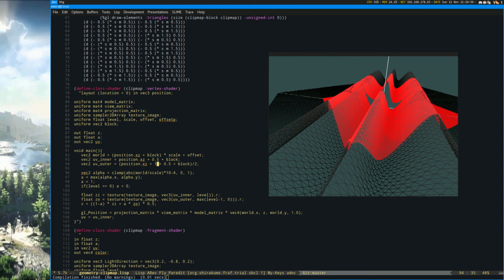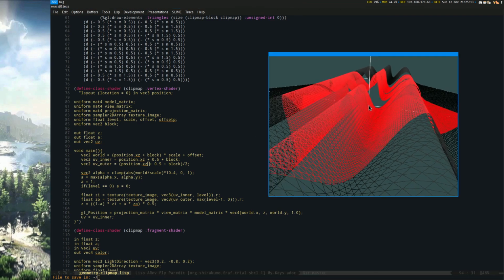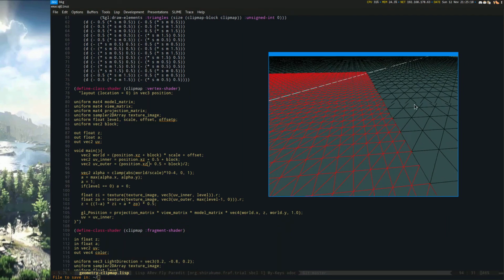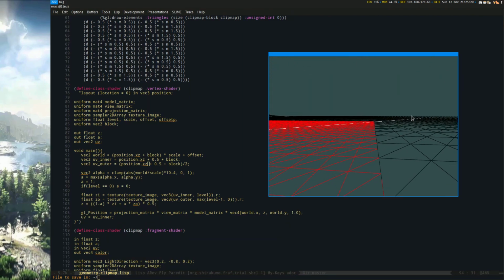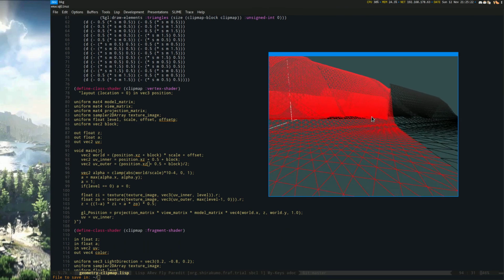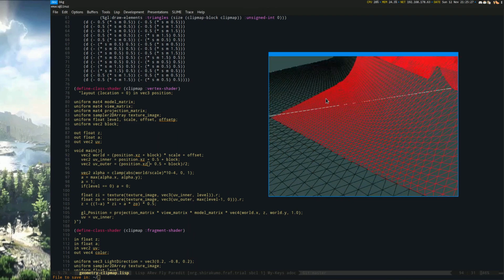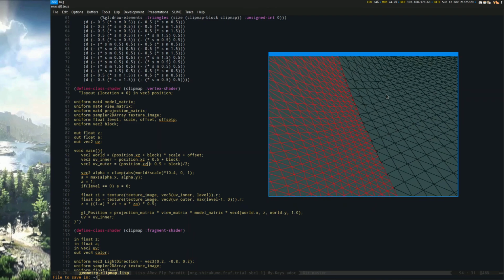I think that's the clamping now going into effect. Here where it's flat, they line up fine, obviously, but as soon as it starts getting into terrain, it does not.